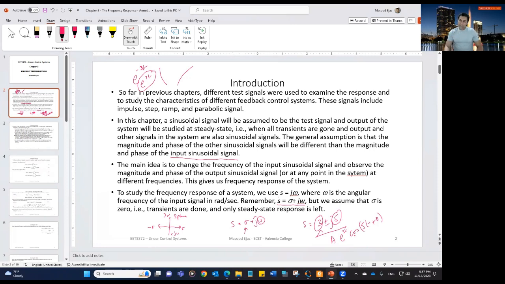So this is the sinusoidal frequency, and the response is going to be an exponentially increasing sinusoid, and the frequency of the sinusoid is going to be 5 radians per second. And if 3 is negative, then it's going to be an exponentially decreasing response.